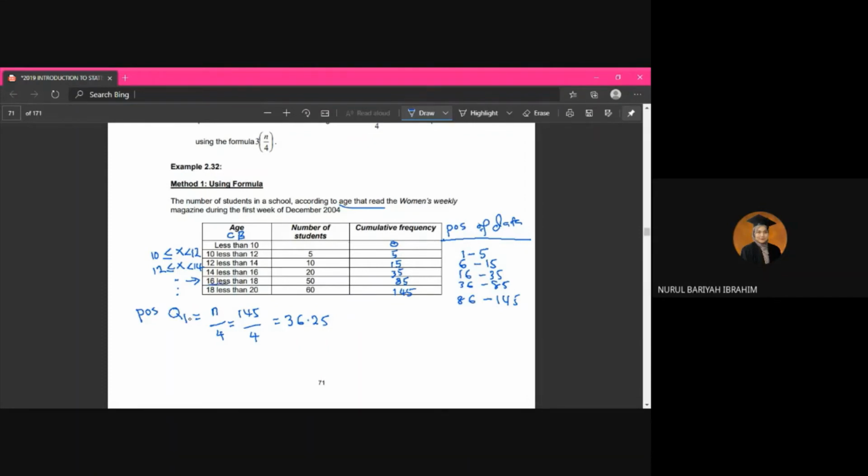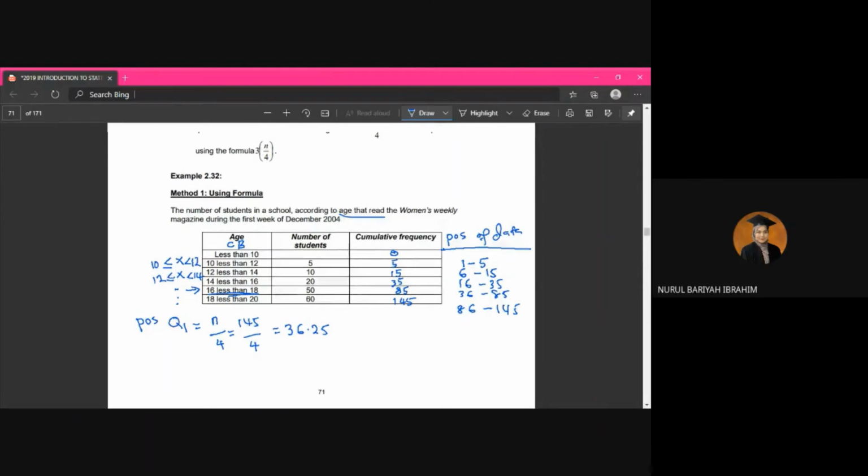So, Q1 for this data, for this age, should be somewhere here in the interval 16 until 18, maybe 16.5, maybe 16.8, we don't know. We can calculate that. Okay, let's see the formula. So later, using the formula, we will have L1, we need to know its lower limit, its frequency, and also we need to know the cumulative frequency before the class containing Q1, right?